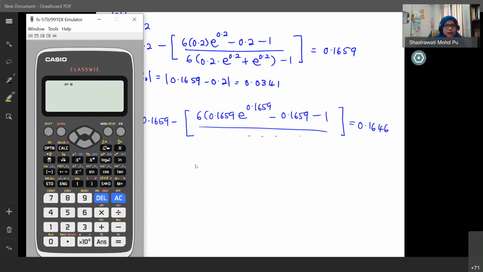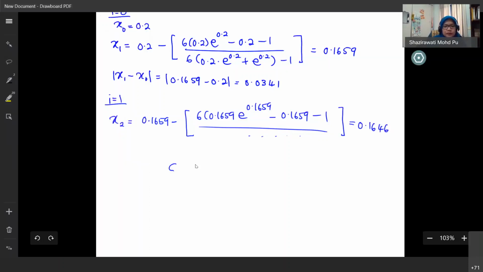In your calculator, you will store this formula only: x minus 6x exponent of x minus x minus 1 over 6, then a bracket, x exponent of x plus exponent of x, close the bracket, and then minus 1.